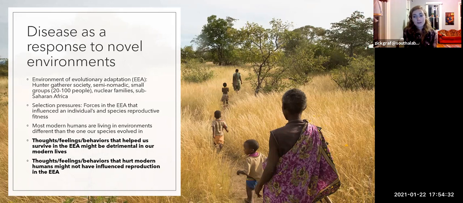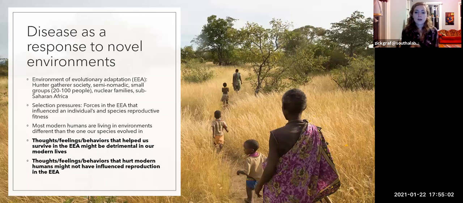And for humans or hominids, that evolution happened in hunter-gatherer societies that lived probably semi-nomadic lifestyles in small groups of 20 to 100 people, usually with some kind of family-based network keeping that 100 people together. Our ancestors lived in nuclear families, so parents and children stayed together. And our ancestors lived in sub-Saharan Africa.